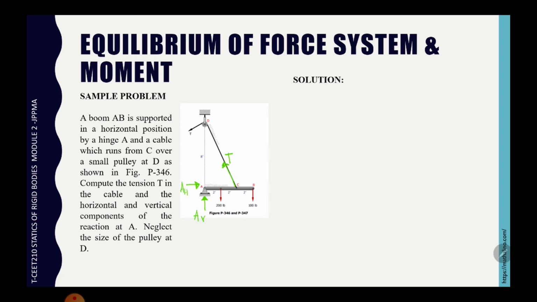So, ganyan siya. So, ayan, for the free body diagram, kakaroon tayo dito ng AH and AV. Tapos going down to 200 pounds. T. And then 100 pounds.